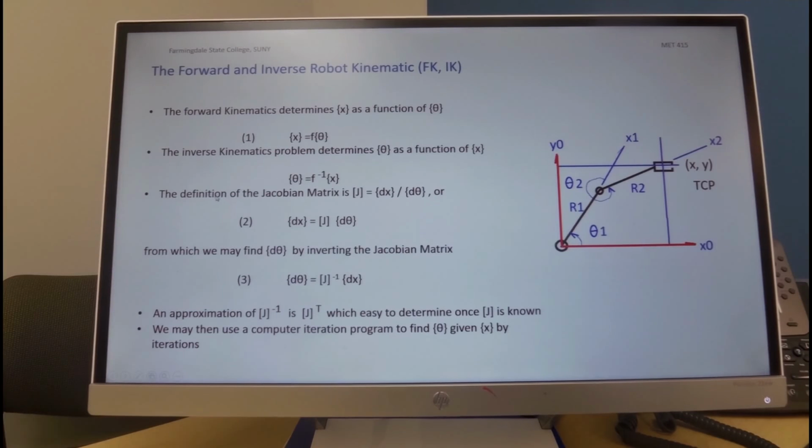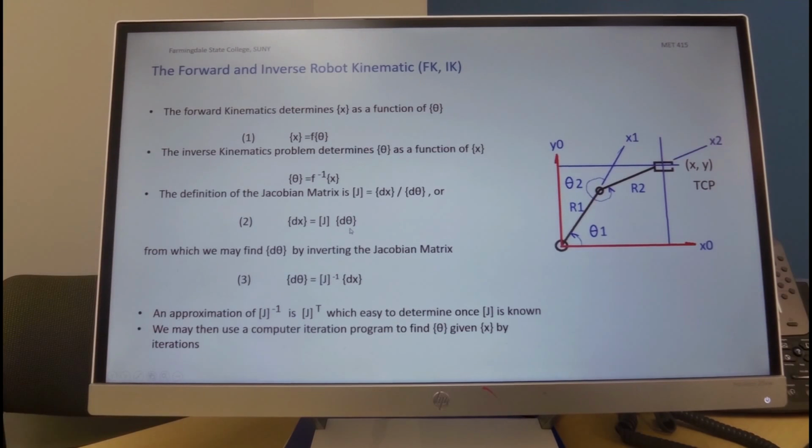Now, from the definition of the Jacobian matrix, we know that J is equal to dx over d theta, which was expanded in partial derivatives. From here, we can solve for dx as J times d theta.